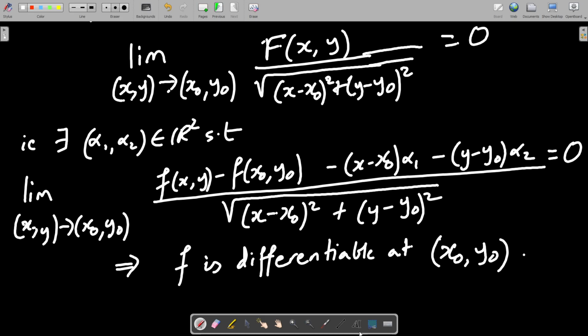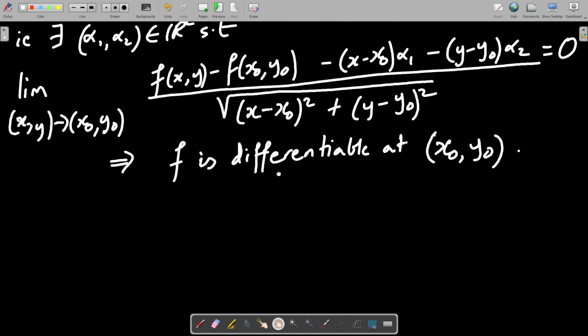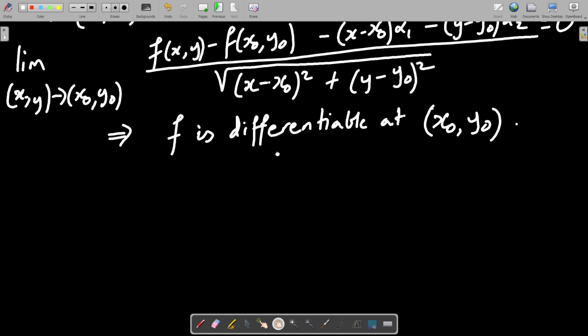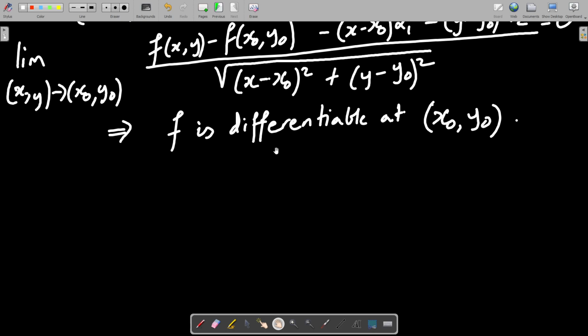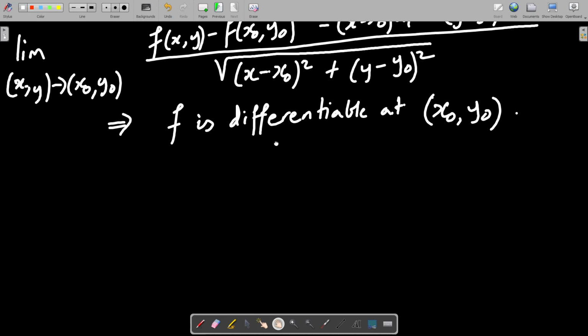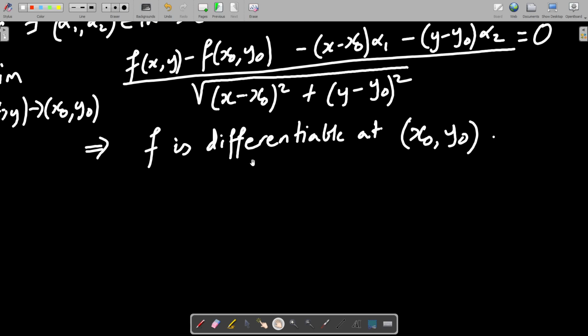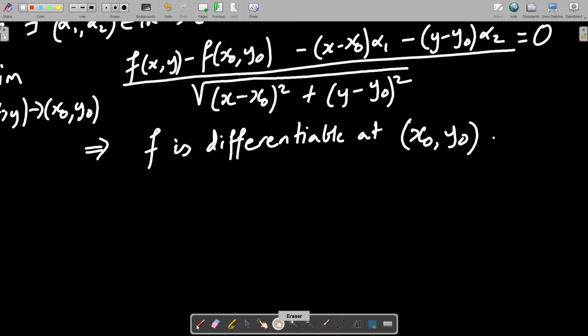Not only that, we have also concluded that the way this construction was done, also because we had said in the definition of the derivative that this alpha 1 and alpha 2 have to be nothing but the gradient of f.